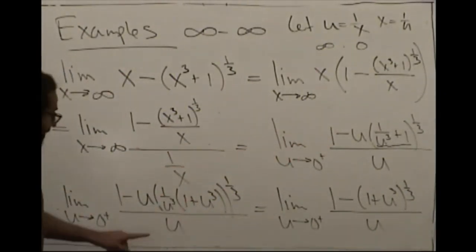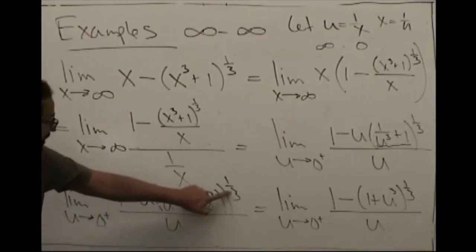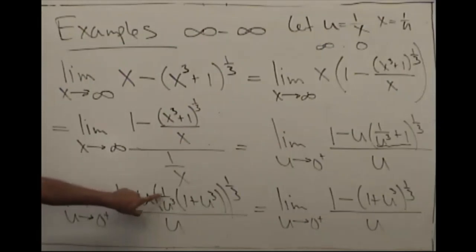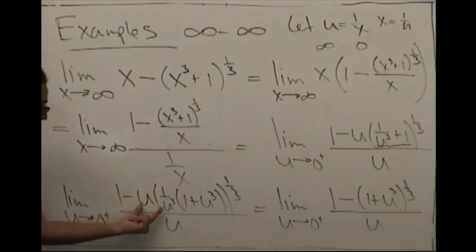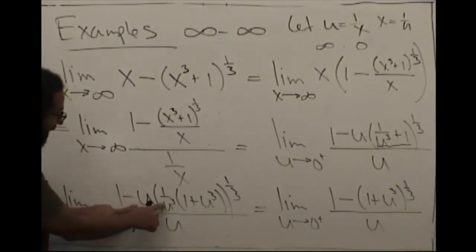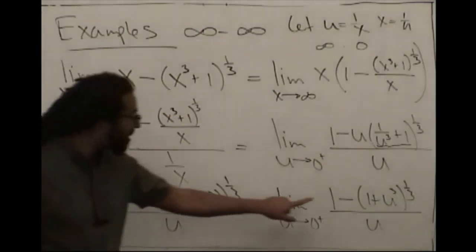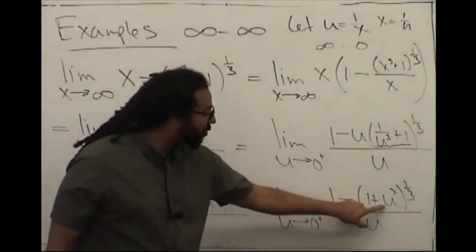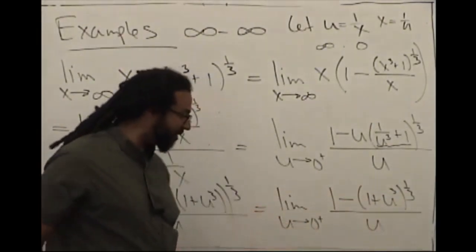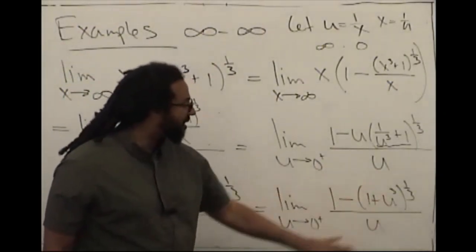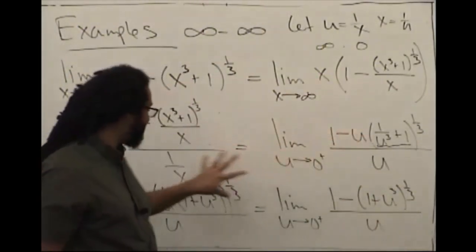Okay, now, the 1/3 power of 1 over u cubed is just 1 over u. And so here I get u times 1 over u, and so these two things are just going to cancel. So now I'm left with 1 minus 1 plus u cubed to the 1/3 power over u. This is a much easier thing to differentiate than any one of these other things, right?